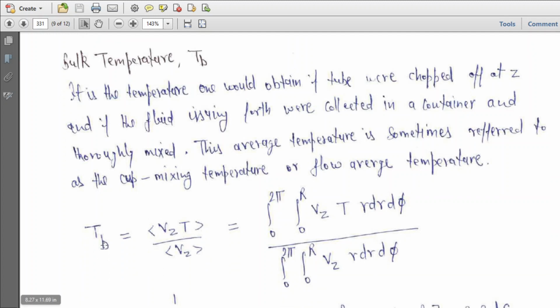So you have here T bulk temperature expression: Vz into T upon Vz average. So here you have Vz into T R dr d phi upon this volumetric flow rate Vz R dr d phi.